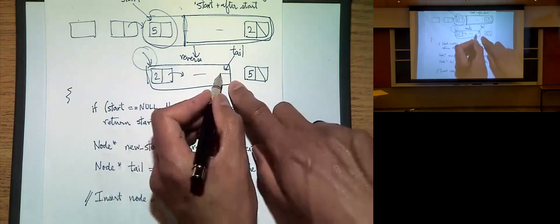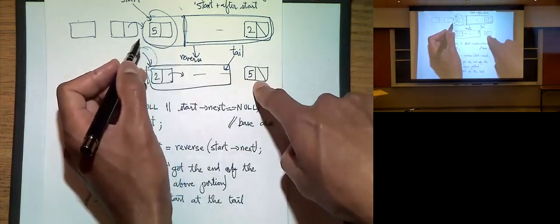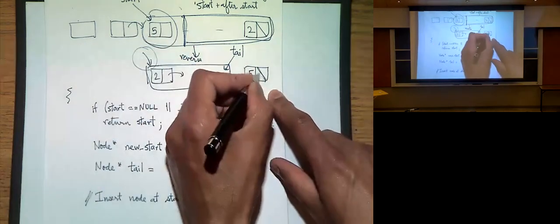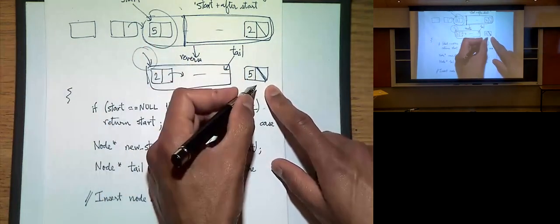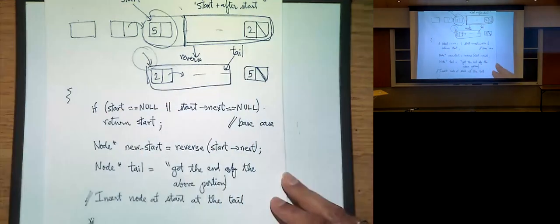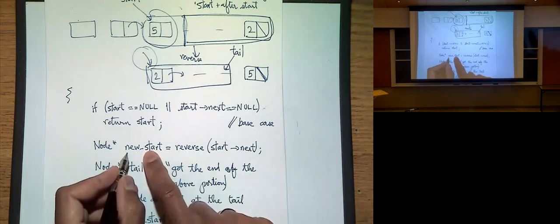So you need to insert this node over there, making sure that that becomes a null. And then you would return the new start, which is this.